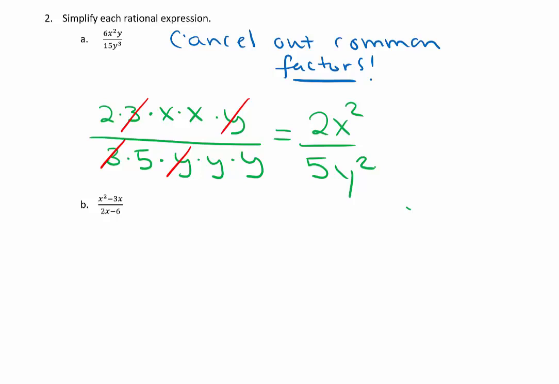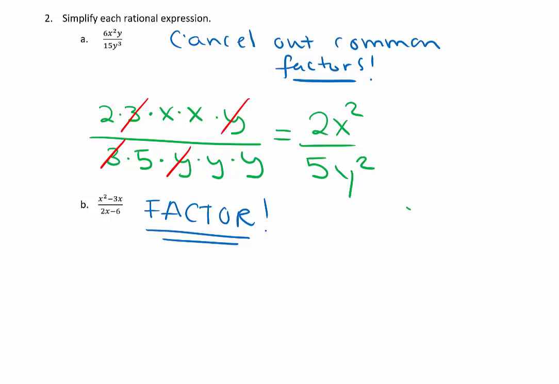You do not need to write out the work that I have done here. But I wrote it out because I want to emphasize the difference between example A and example B. In example B, we have differences. I see subtraction. That means I cannot cancel things out until I have products. Because I have differences, to write this as a product, I have to use all of those factoring techniques that we talked about earlier.